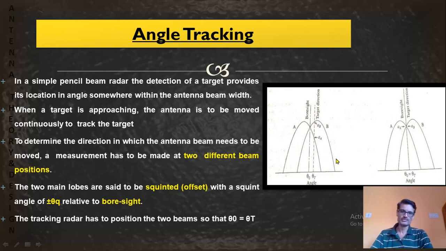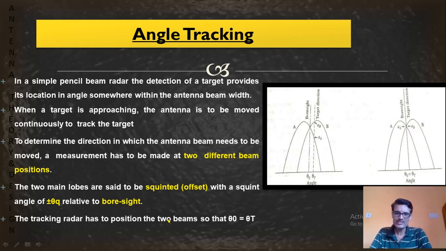A squinting angle is, let us say, plus or minus theta q. It is relative to the boresight of the tracking radar. So the two beam shapes are squinted, or when we are sending the signals, the antenna is offset by a certain angle theta q. Okay, so this is important.